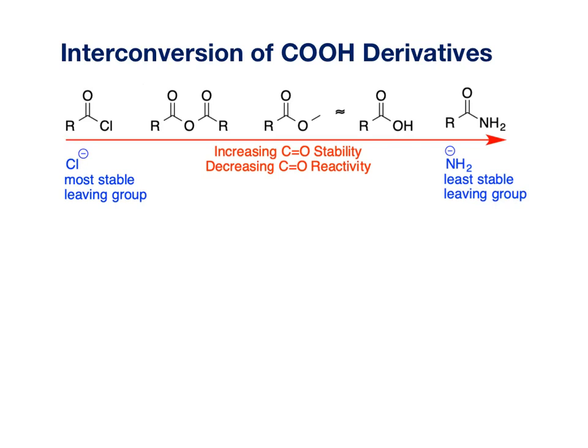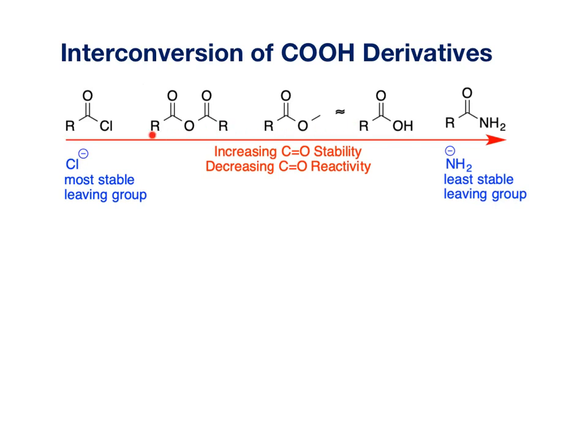We're going to talk a little bit about the interconversion of carboxylic acid derivatives. And I have this chart of the different derivatives as well as just carboxylic acid included here. What you want to keep in mind is that the amide is the most stable and the least reactive, and that's because NH2 minus is the worst leaving group.